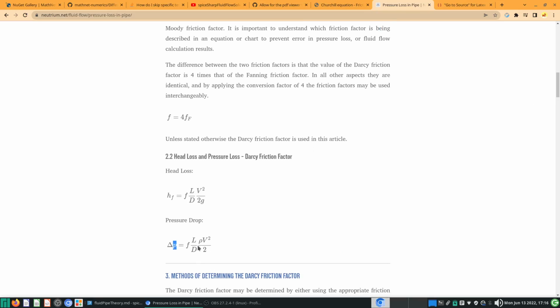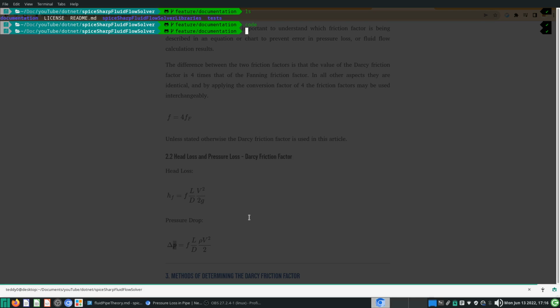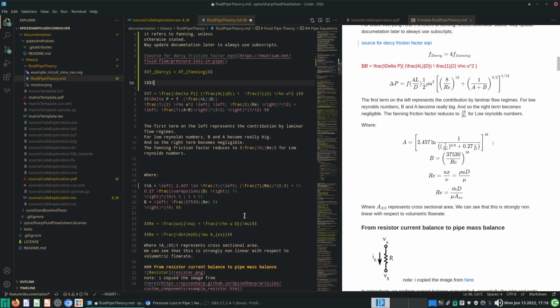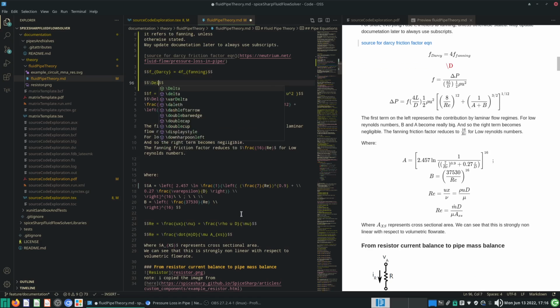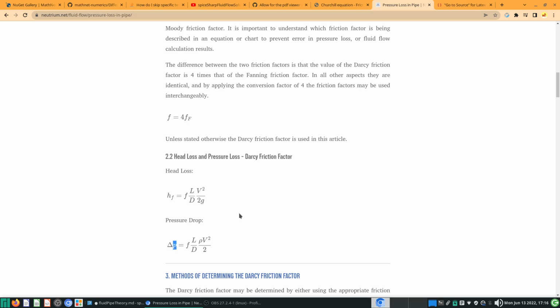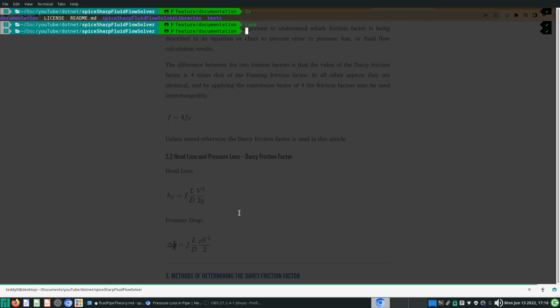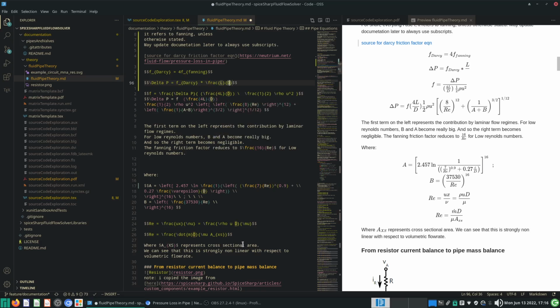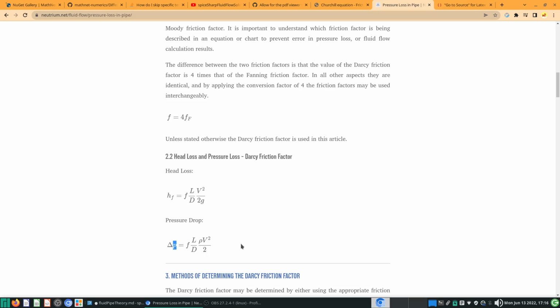The delta big P, small p, I mean this is dynamic pressure. Delta P equals what? F Darcy times L over D, fraction L over D, and then what's next?